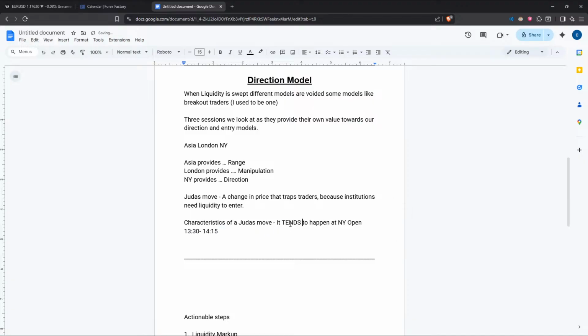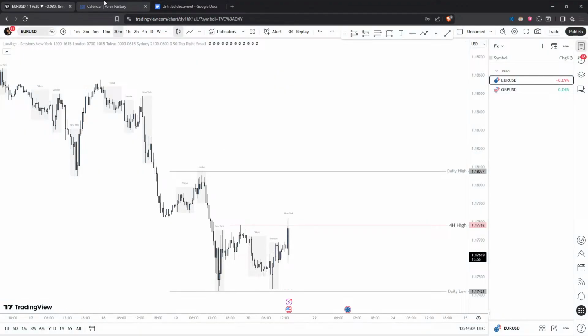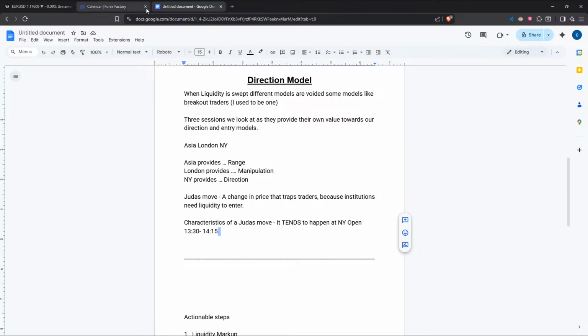We'll put this in capital letters because it's not always going to be that. Sometimes it happens during London, sometimes in between sessions, sometimes later, earlier. It depends. Context matters more.